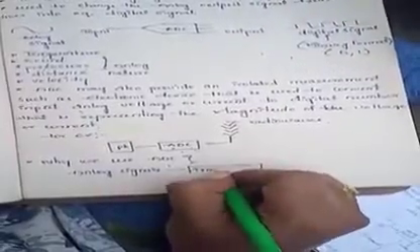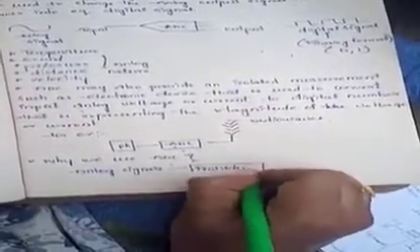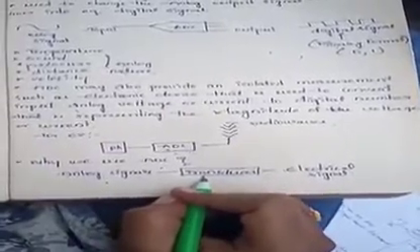These analog signals are converted into electrical signals using transducers, but still the signals remain in analog nature.